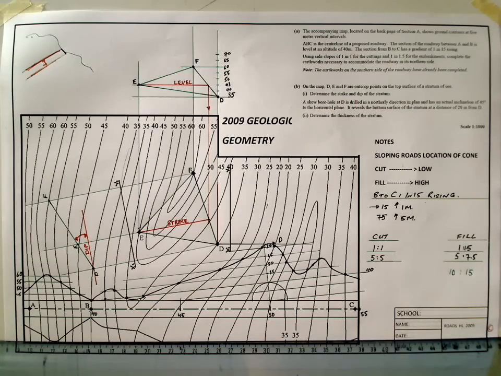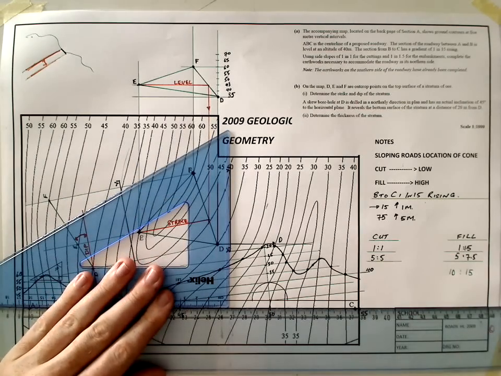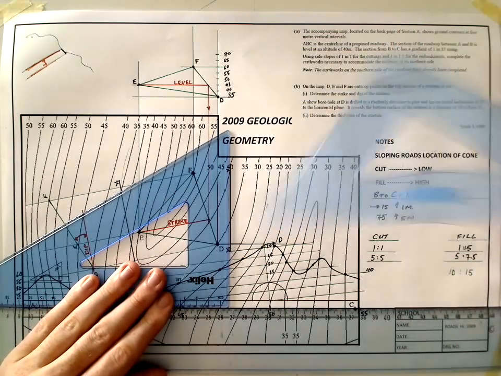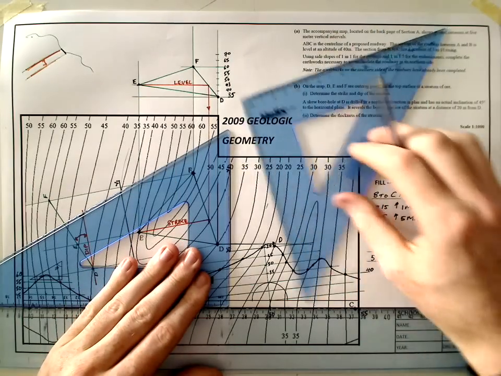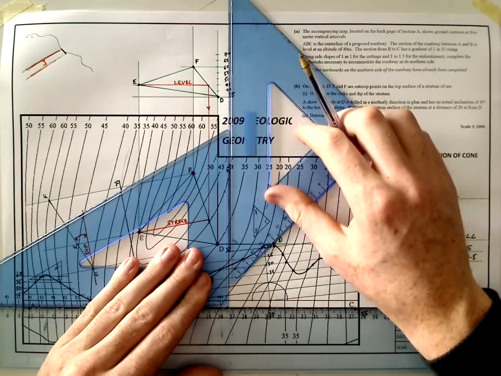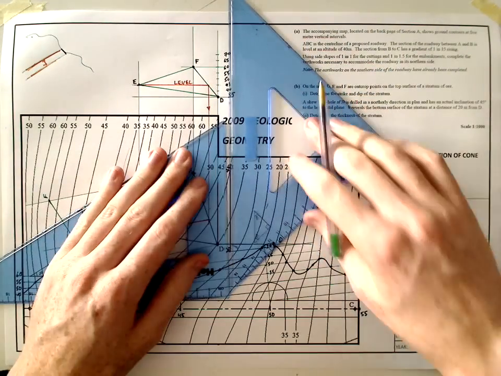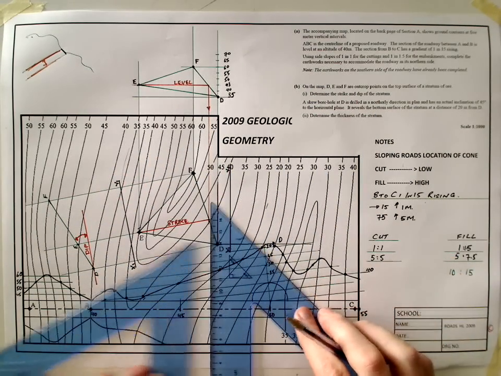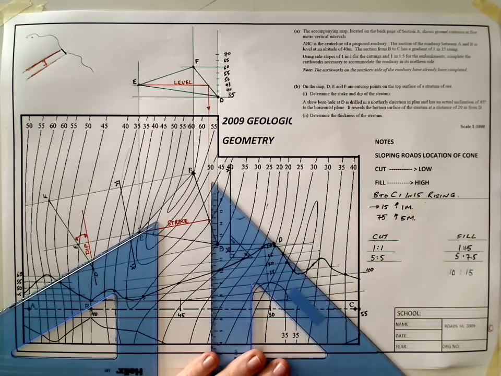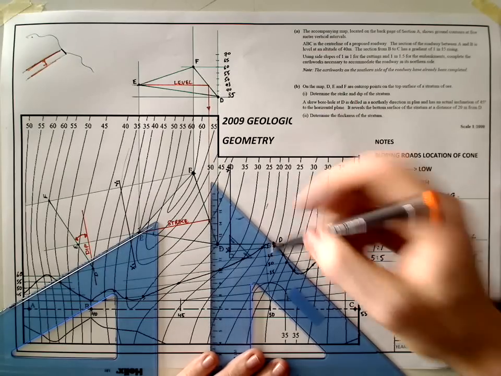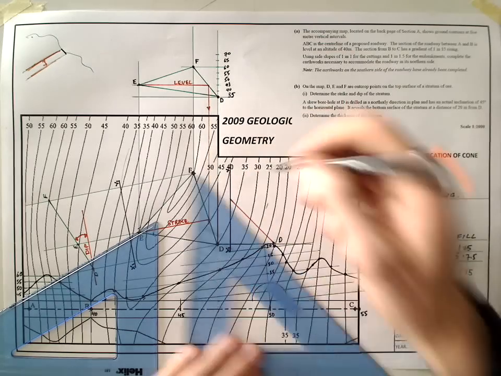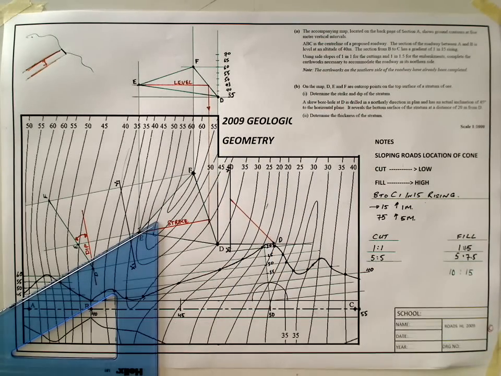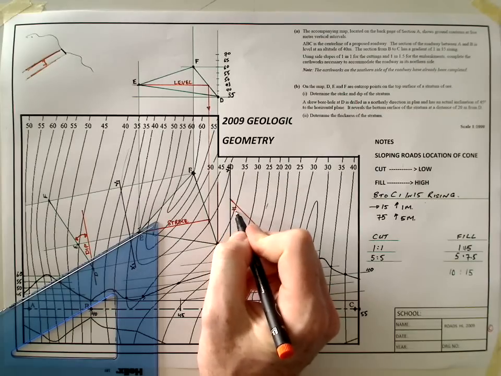So we're told it has an actual inclination of 45 degrees to the horizontal plane. So this here is my horizontal plane. So I'm going to create a line here at 45 degrees to the horizontal plane. So that angle there is 45 degrees.